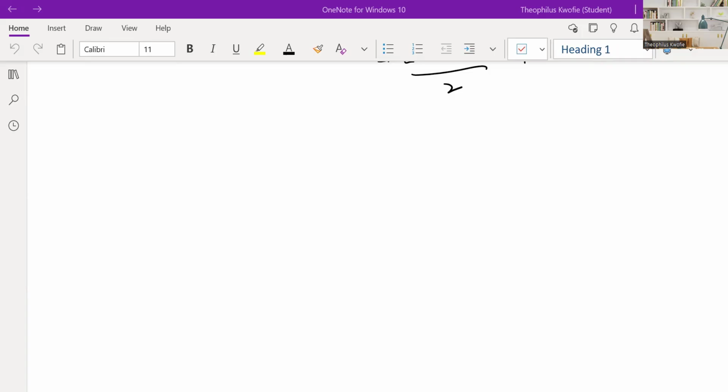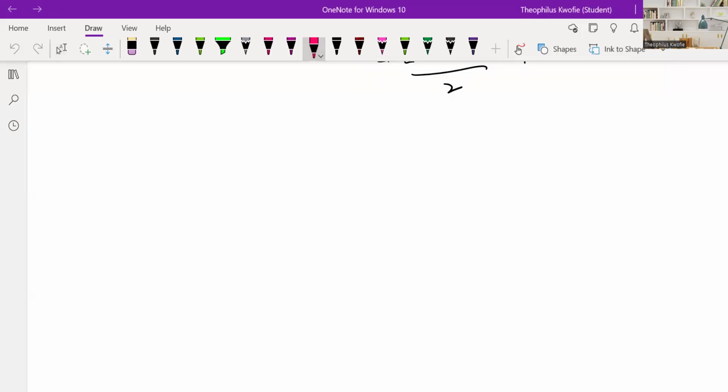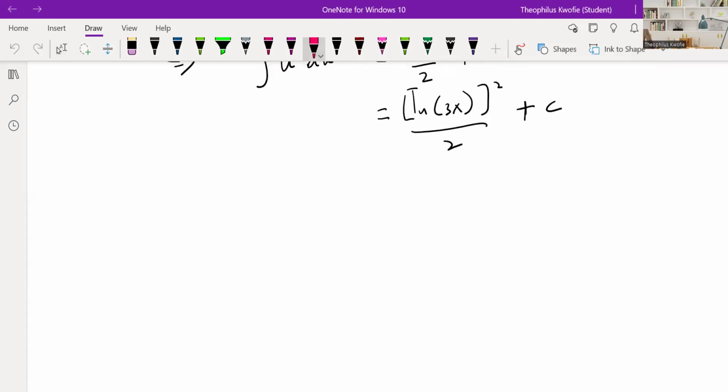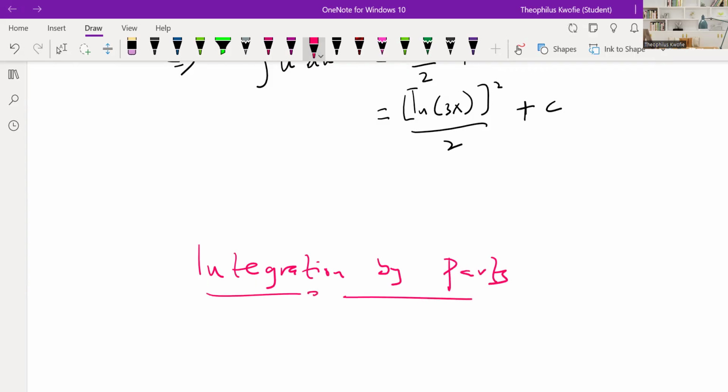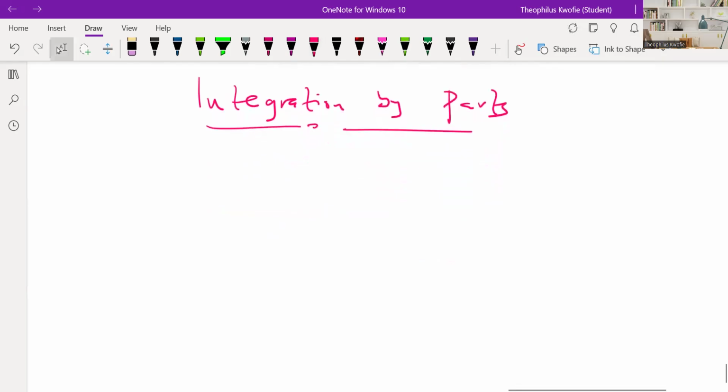So we are looking at integration by parts. One thing that I want us to note is that we leverage the reverse of the product rule in differentiation.